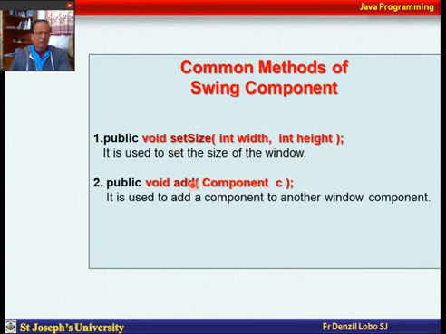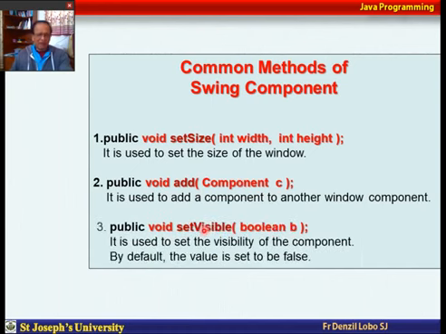Then add. We make a container or a frame, and in that container we need to have various components, as I mentioned, like the text box, the labels, and the buttons. To do that, we use the add method, and add a particular component, maybe a button, a text box, or a label.